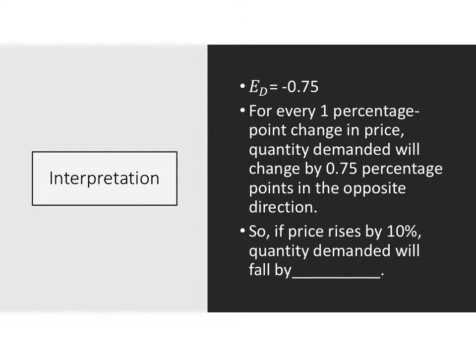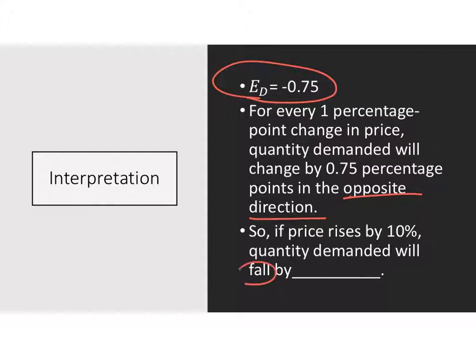We can interpret this statistic in a more mathematical approach. We can say that for every 1 percentage point change in the price of the good, quantity demanded will change by 0.75 percentage points in the opposite direction. So let's take an example. If price rises by 10%, what will happen to quantity demanded?